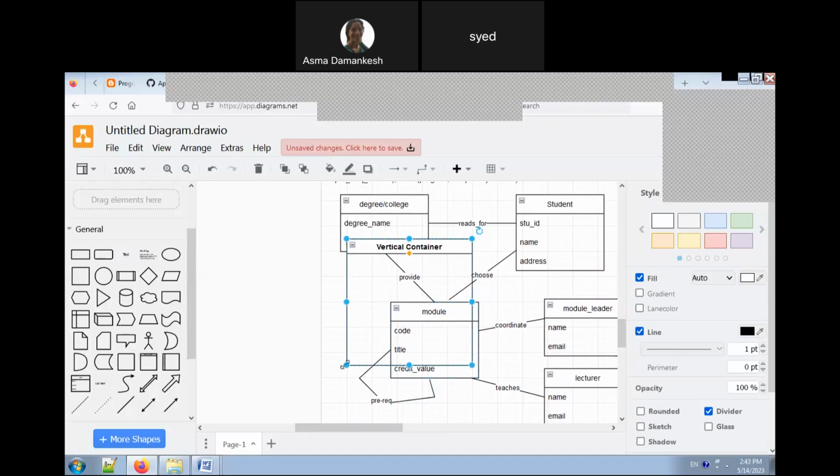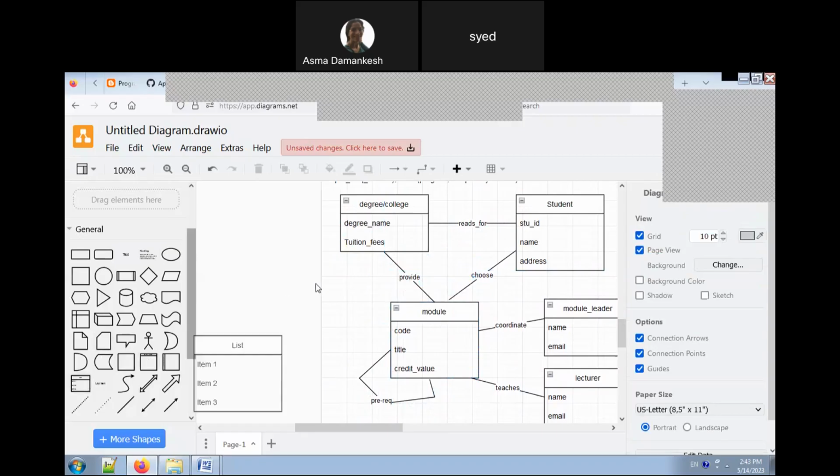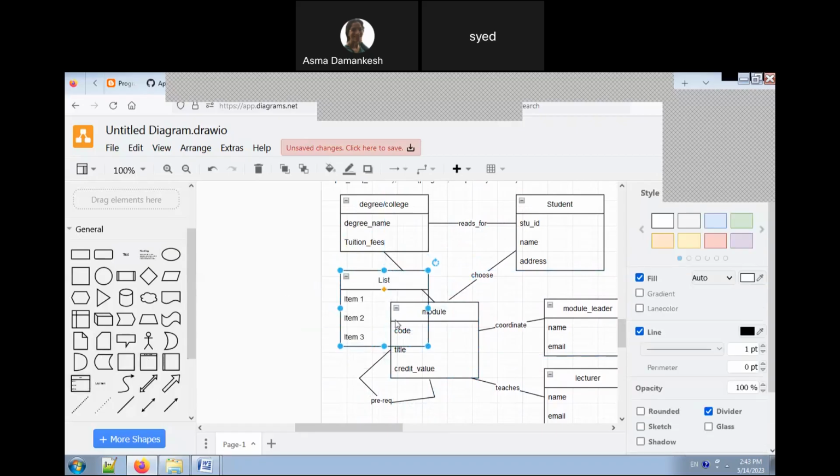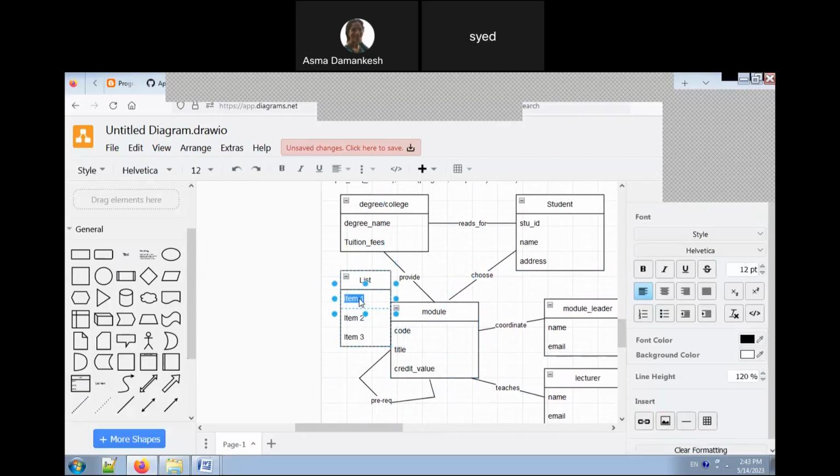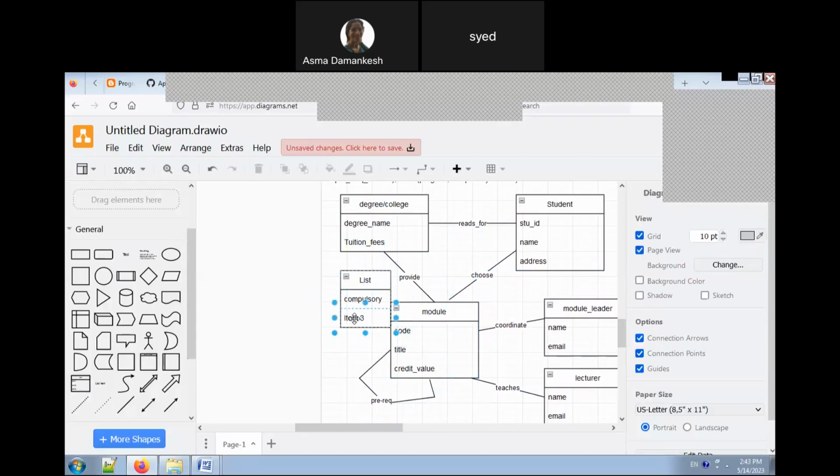What does the linked attribute do? Oh, not this one, sorry, my bad. Right here, I'm just gonna say compulsory, which is Boolean. It's either yes or no, okay? And it doesn't have a name.